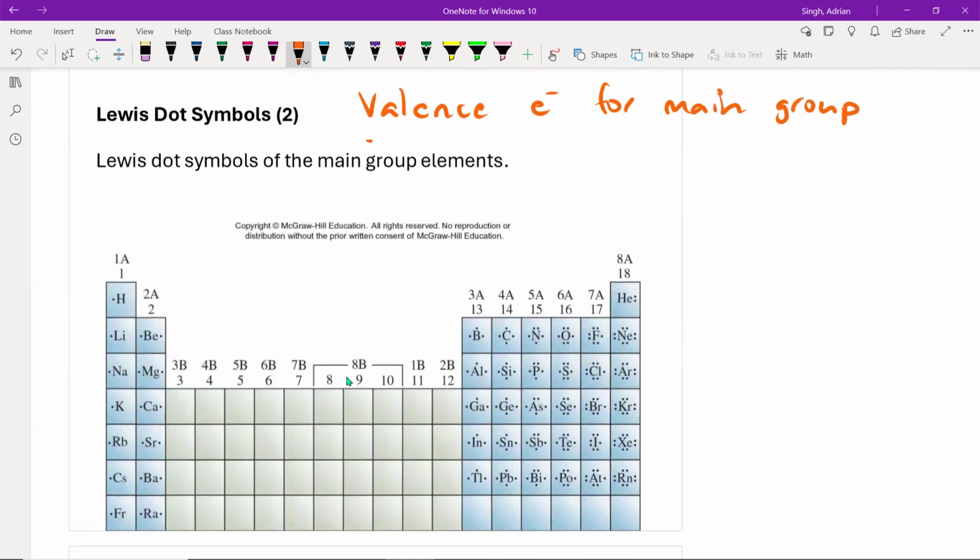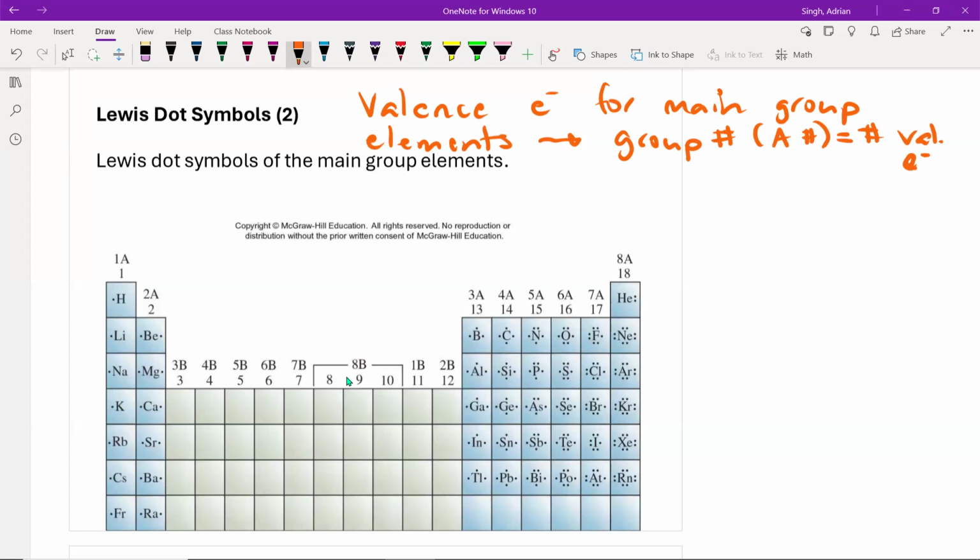We can write out electron configurations, or we can just use the periodic table to help us get to the endpoint a lot quicker and a lot more efficiently. So the general trend here is the group number, and this is the A number that we're looking at, is equal to the number of valence electrons. I'll abbreviate valence electrons as VALE.